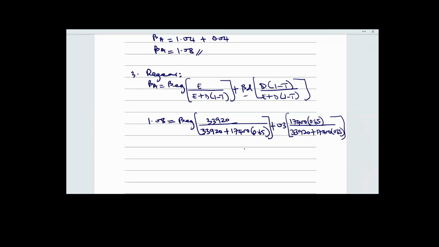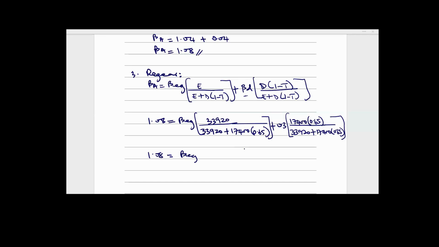Okay, so 1.08 equals beta equity of a gear times... Then, of course, 0.65 multiplied by 17,400, plus 33,920 equals, oh, mistake, 45,230. Pardon? 45,230.